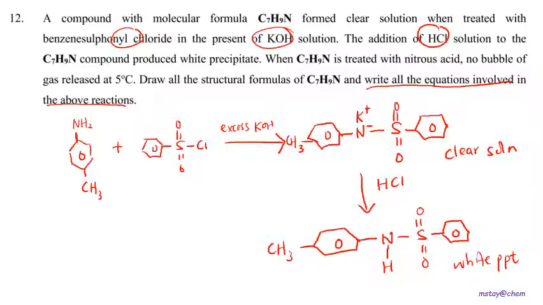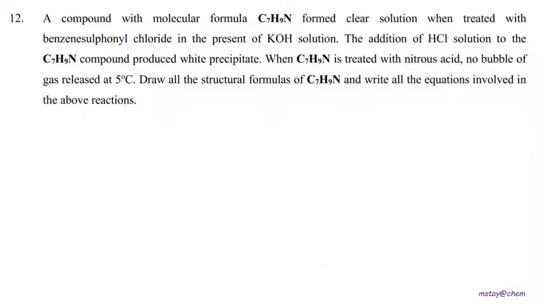In the next slide we're going to write the equation when 4-methyl aniline reacts with the nitrous acid. Okay, now we are going to write the second equation for the 4-methyl aniline reacting with the nitrous acid.